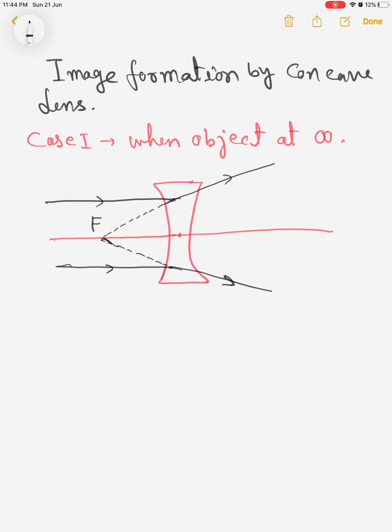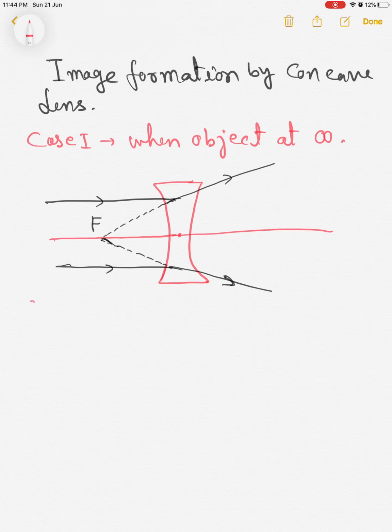So, the image will form at the focus if the object is at infinity, and it is very small, diminished, and virtual. You know, a virtual image is one where the refracted rays do not really meet, they only appear to meet.